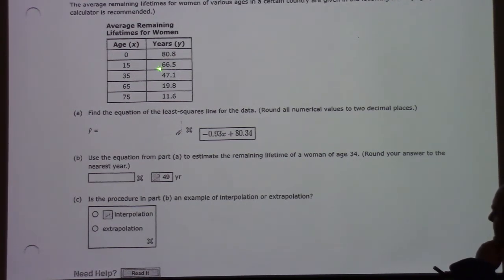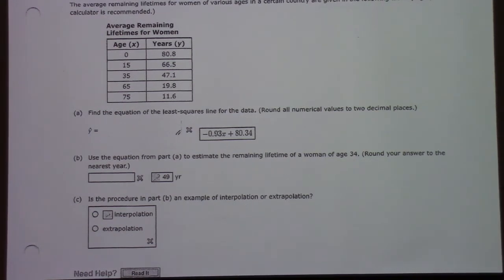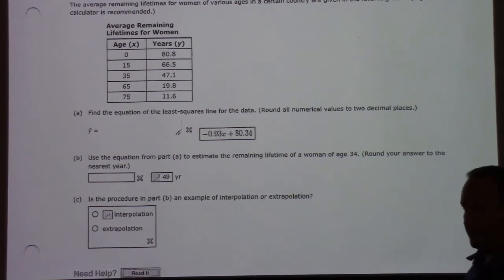The point is that if you look at the data that we're given, and if you look at the thing we're calculating, 34, right? Is that inside the data which is known? Well, yeah, 34 is between 15 and 35, right? It's between the data which is given. So that's an interpolation, all right?